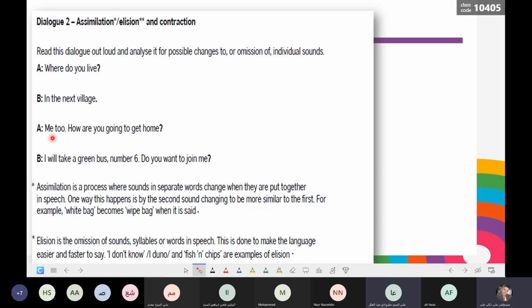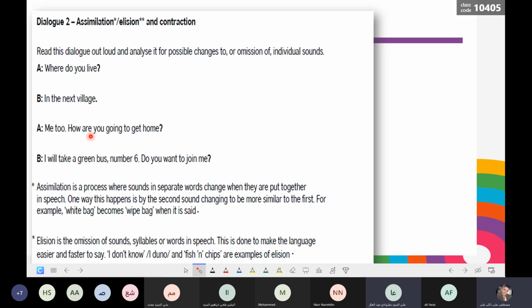Okay. In the next village. Okay. And what about "me too"? How are you going to get home? As you said, me too. Here we would not say "to" as if it is a separate word. Me too. Okay.